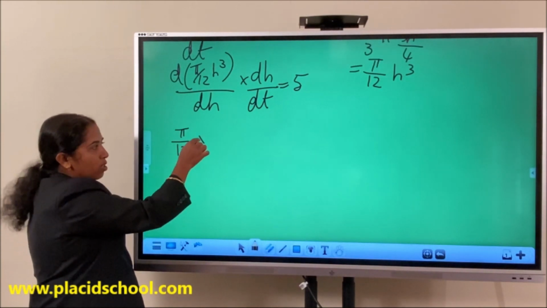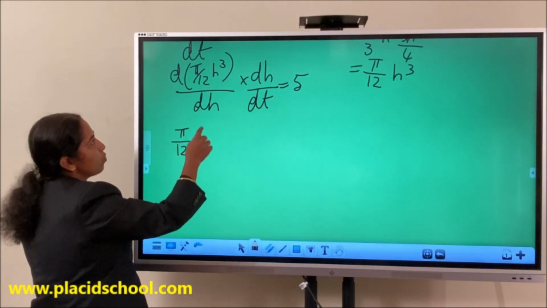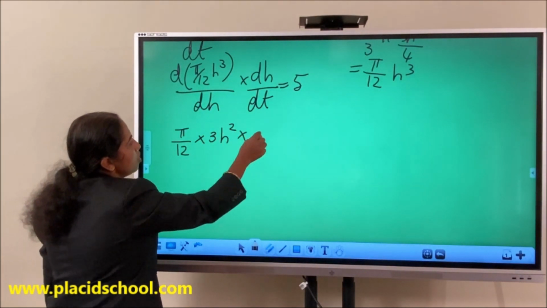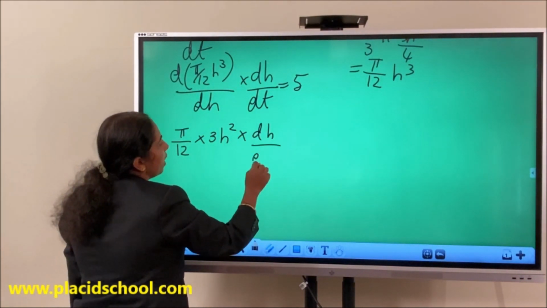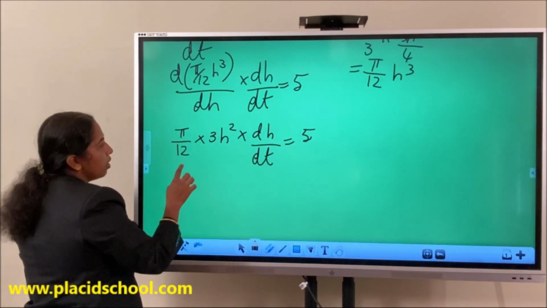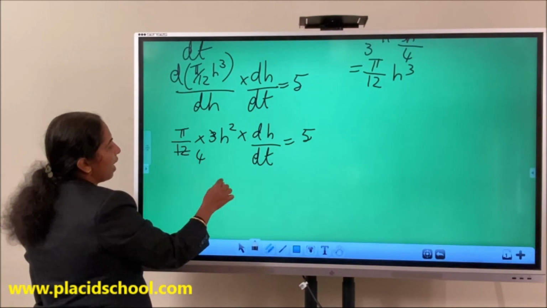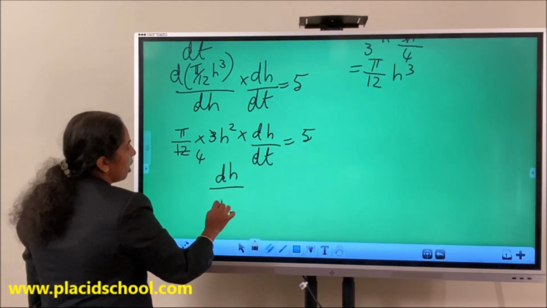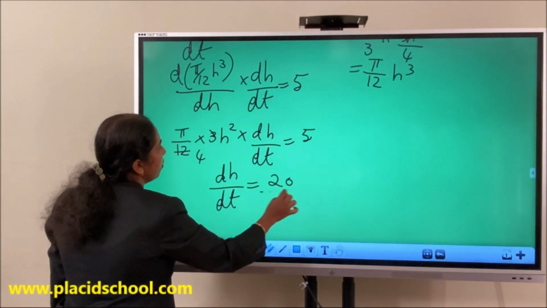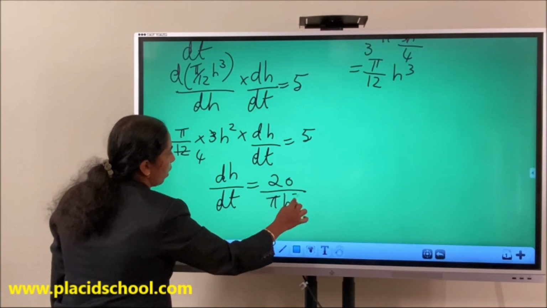Pi by 12 is a constant taken outside. Pi by 12 into derivative of h cube, which is 3h square, into dh by dt equal to 5. Now doing simplifications, I have dh by dt equal to 20 by pi h square.